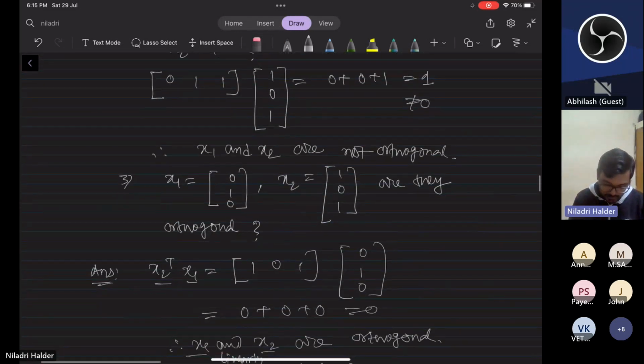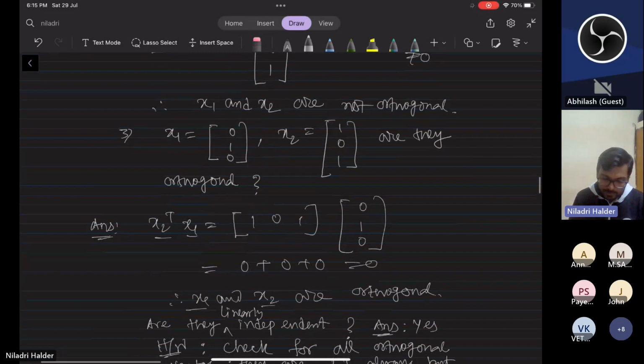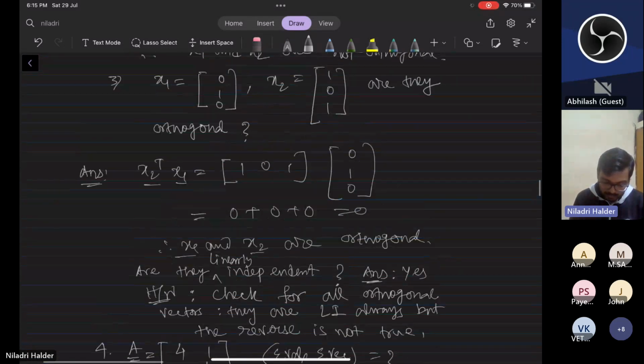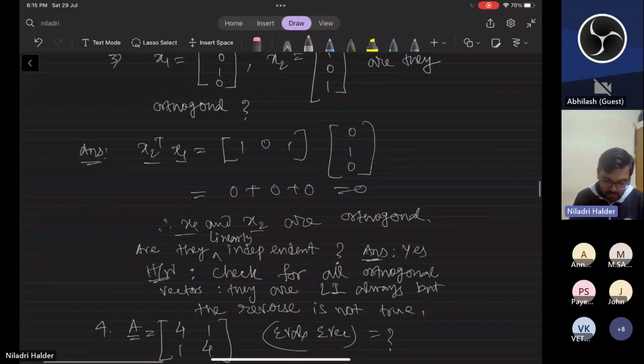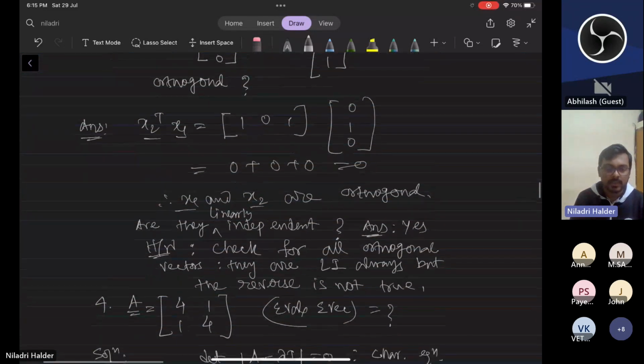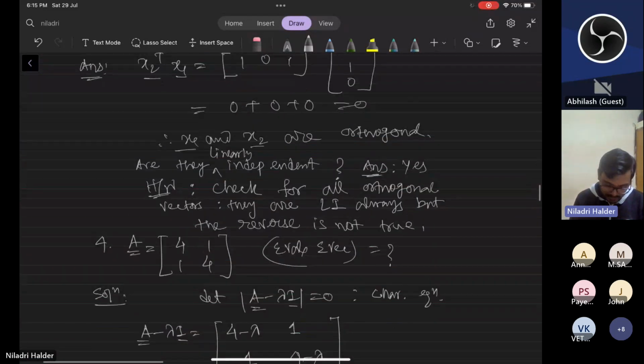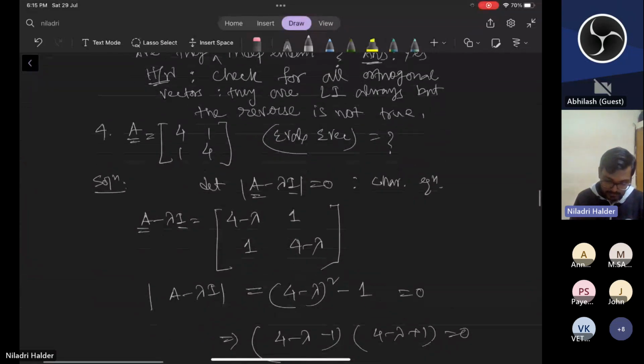And third, I gave two other vectors which are orthogonal. I told you that you can prove that any two orthogonal vectors are always linearly independent. That is the homework.